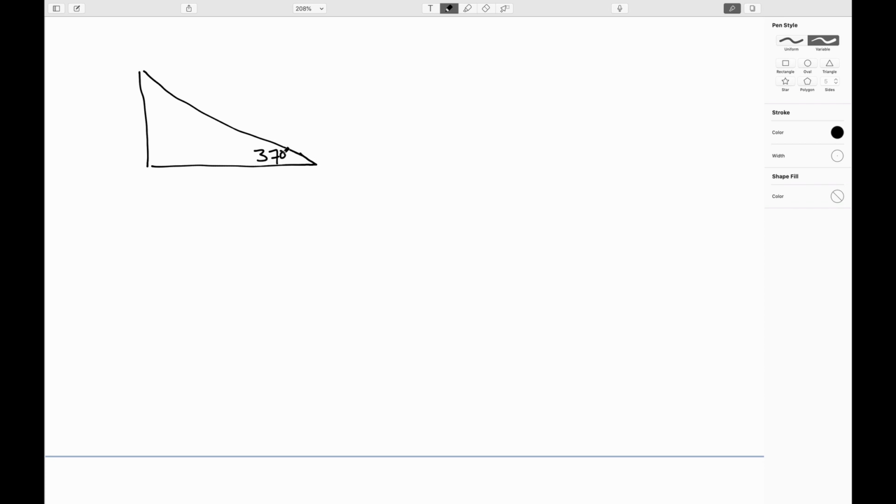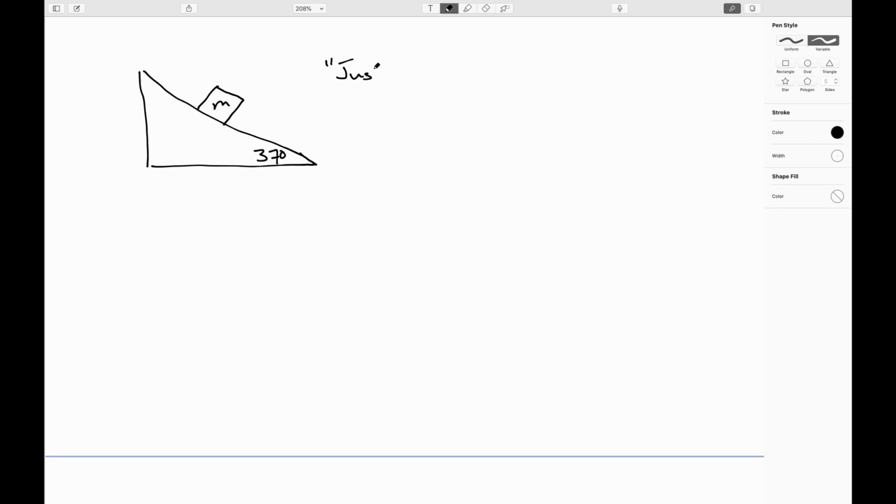So let's say you have a ramp that is tilted at 37 degrees and you have a box. Yeah, you're right, I didn't tell you what the mass was. But we have a box sitting on here. And what we're told is if we tilt that ramp just even the slightest bit more, it'll start to move.